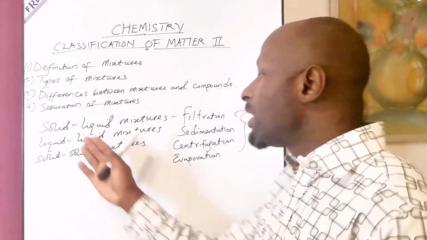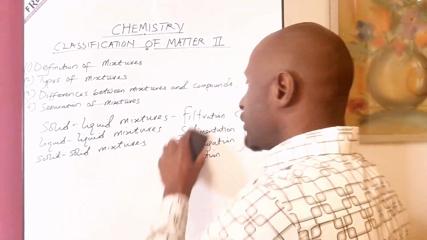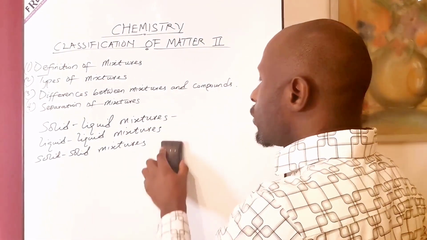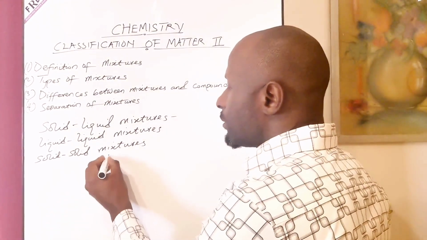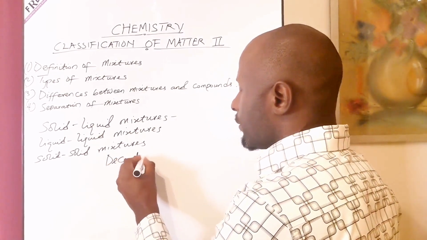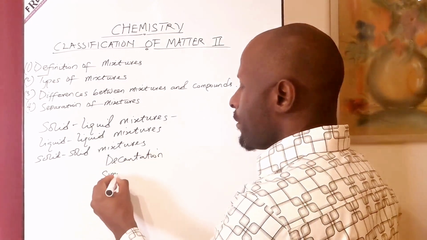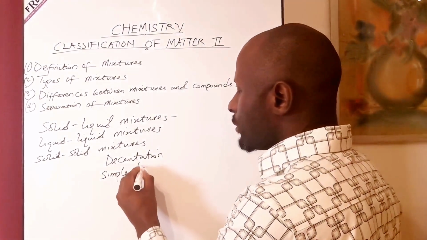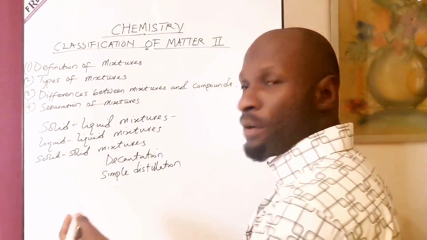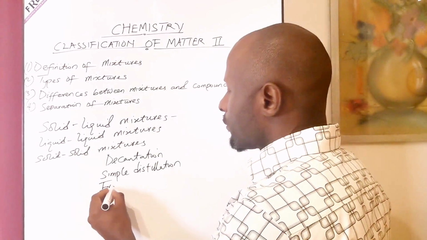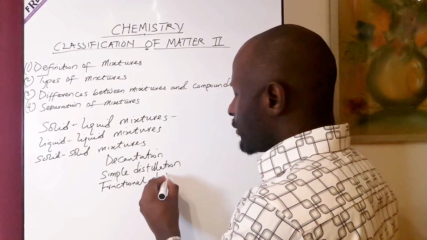Now, if we talk about liquid-liquid mixtures, we have some methods as well. We can use decantation. For liquid-liquid mixtures, we can use decantation. We can use simple distillation, and we can also use fractional distillation.